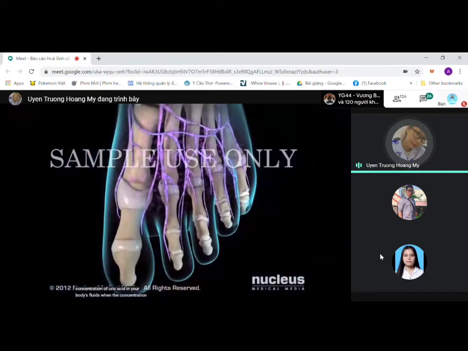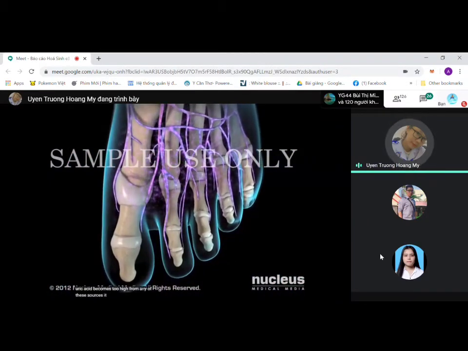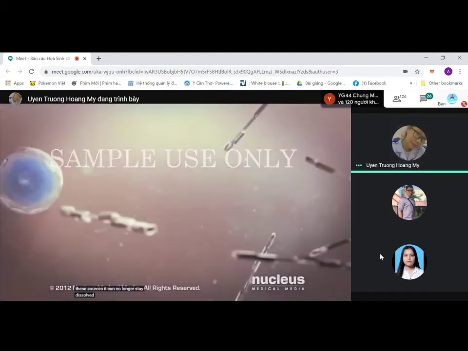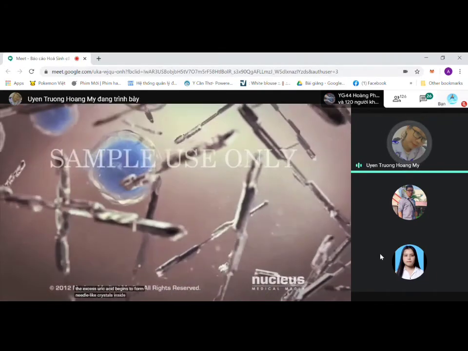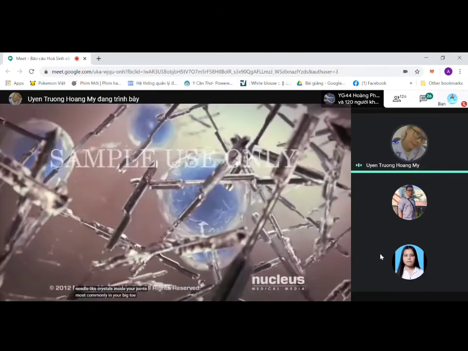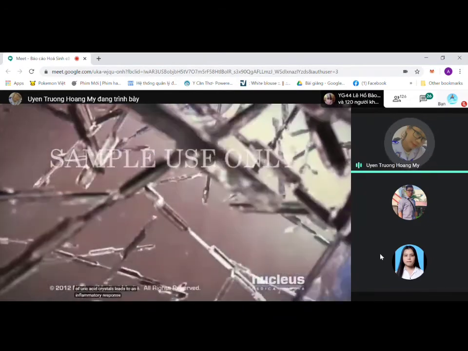When the concentration of uric acid becomes too high from any of these sources, it can no longer stay dissolved. The excess uric acid begins to form needle-like crystals inside your joints, most commonly in your big toe. Formation of uric acid crystals leads to an inflammatory response.